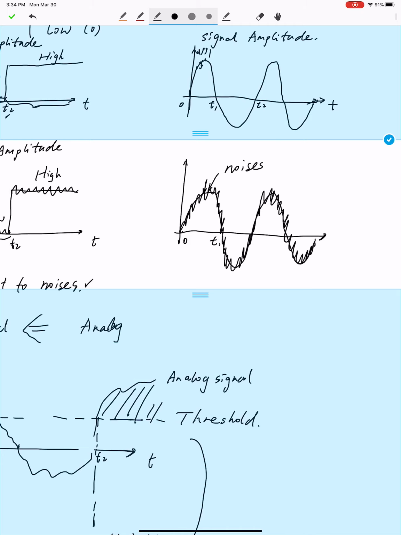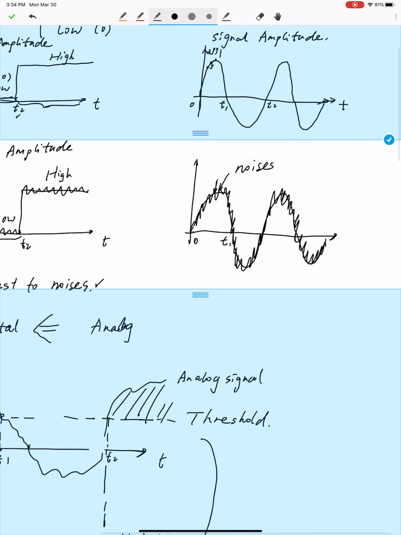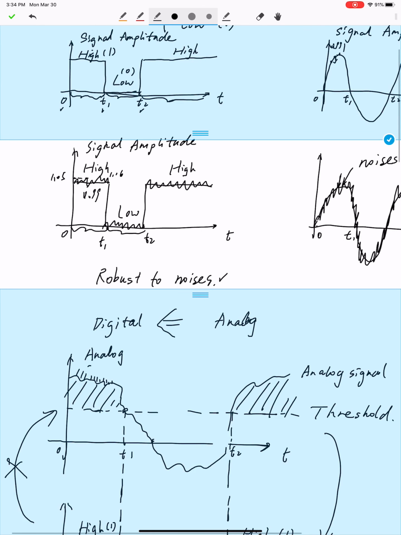So analog signal is not robust to noises. Once you corrupt analog signal with noises, then it's very hard, or sometimes impossible, to recover the analog signal. But digital signals are more robust to noises. You can still tell the original digital signal from the noises.